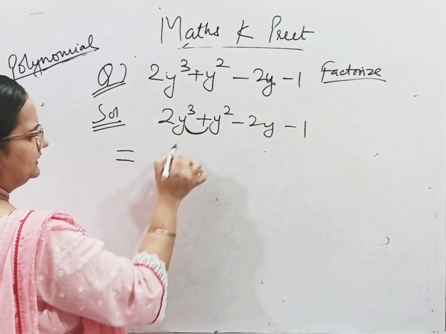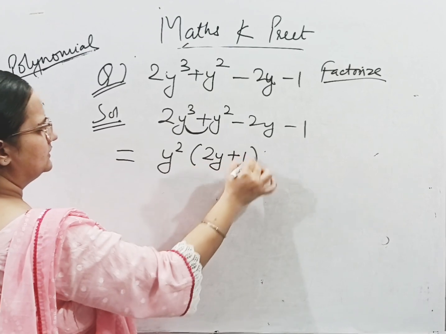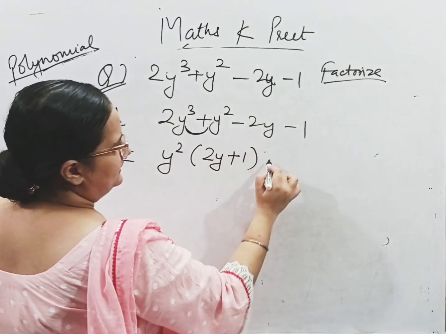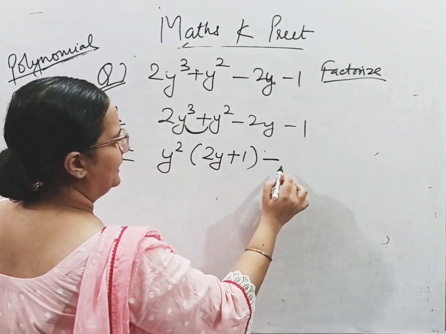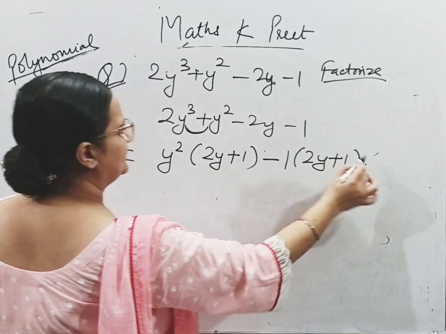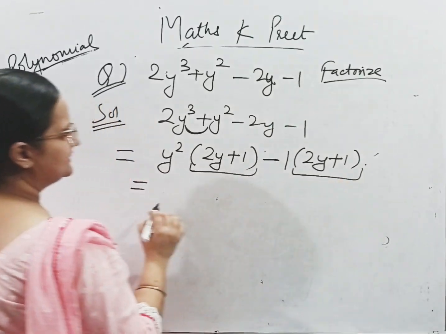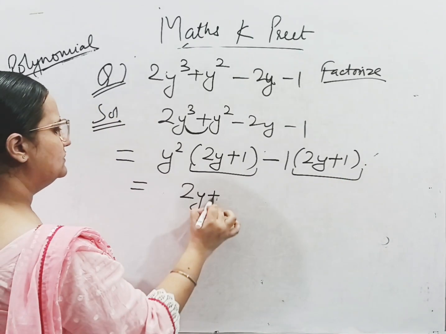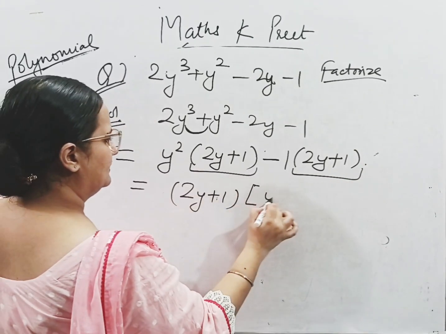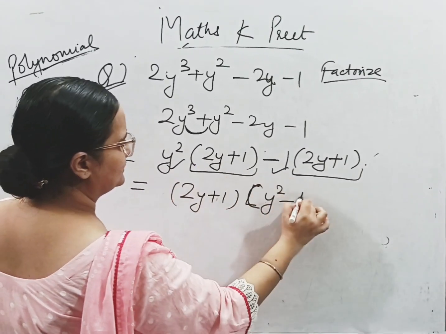I can take y square common here. In the bracket I am left with this. Here I can take minus common and 1 common, nothing else. So I will get 2y plus 1 in this bracket. This is common in this expression, so I will take it out, and in the other bracket I get y square minus 1.